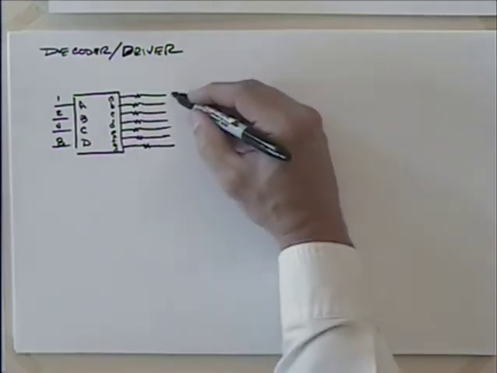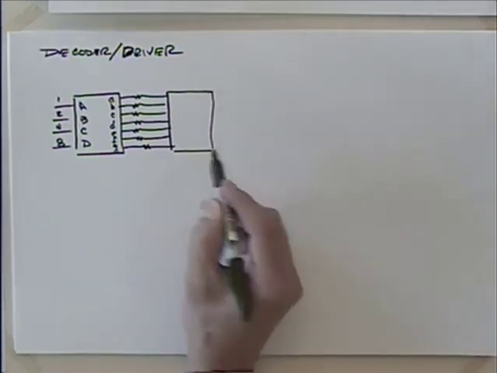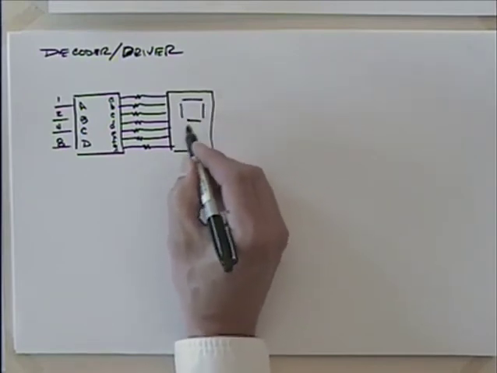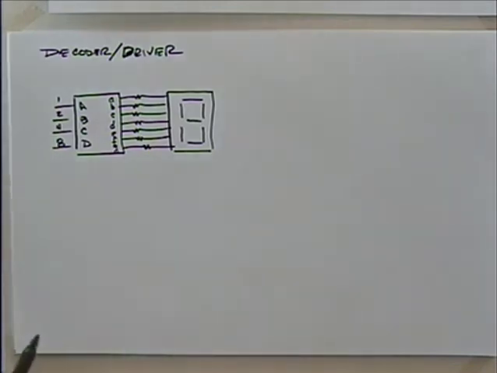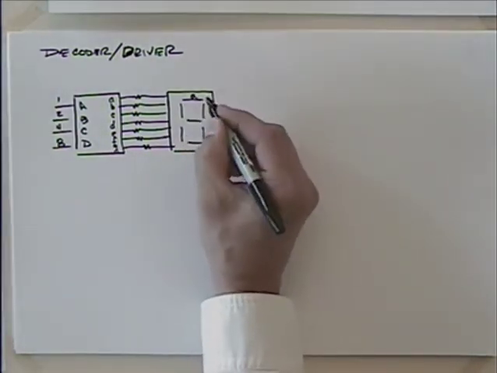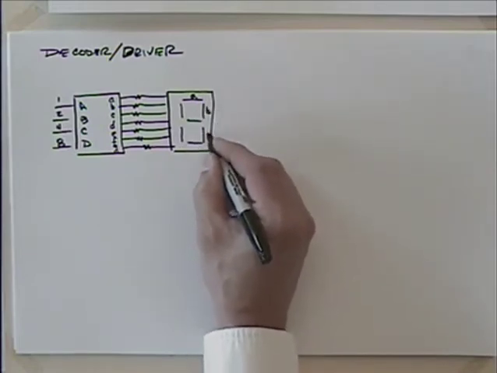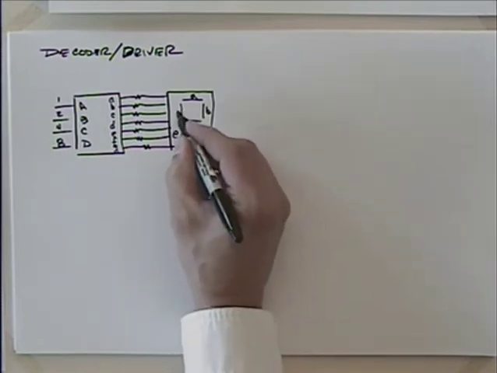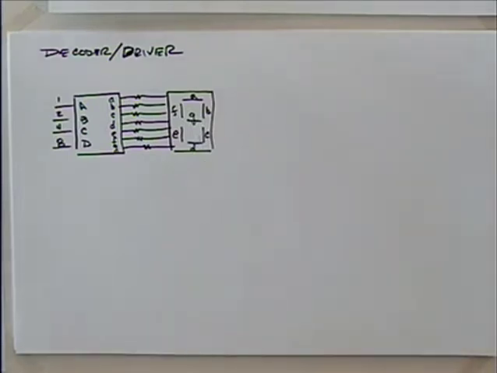And this is then going to go to our 7-segment display. So something like that. I think this would be segment a. This would be b, c, d, e, f, and g.